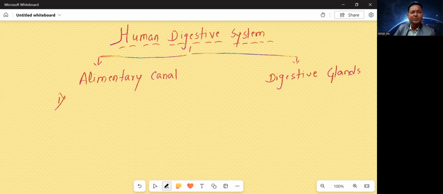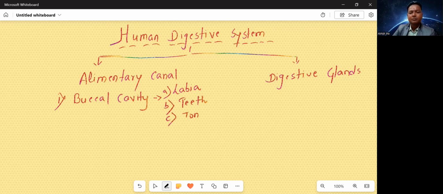The very first part of the alimentary canal is known as the buccal cavity. This buccal cavity is also known as the oral cavity, and it consists of the labia, that is the lips, followed by teeth, tongue, and the last part, the palate.